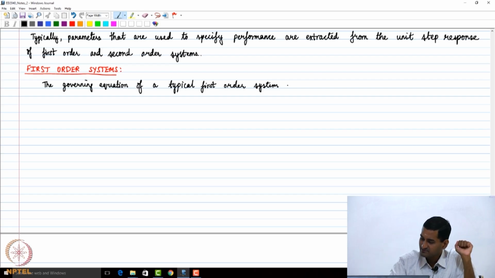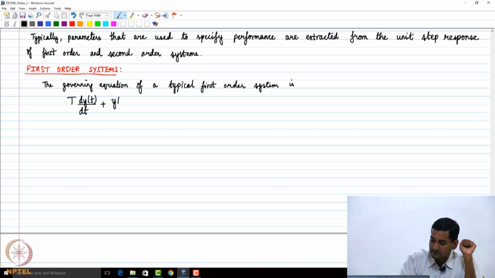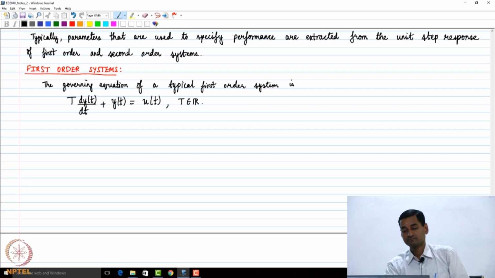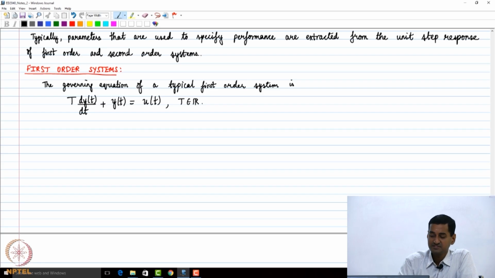So first order system, the governing equation of a typical first order system is capital T times dy(t)/dt plus y(t) is equal to u(t), where T is a real number. Fine. So what is the transfer function of the system?